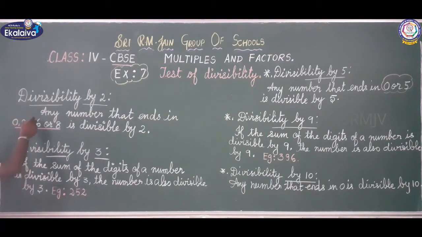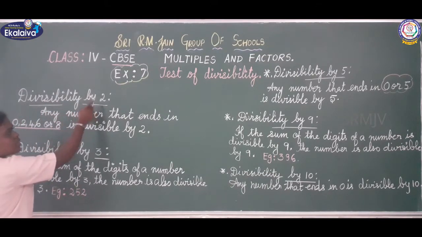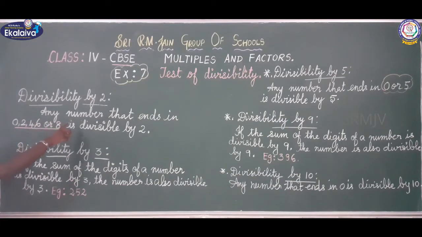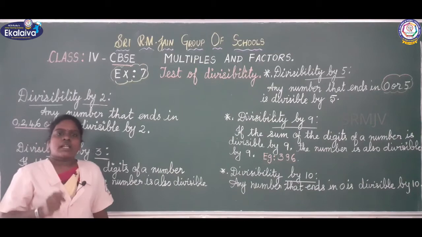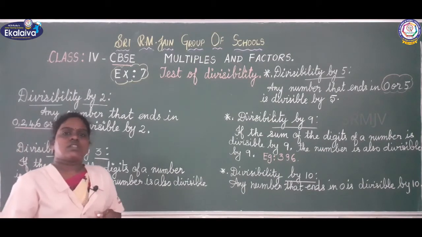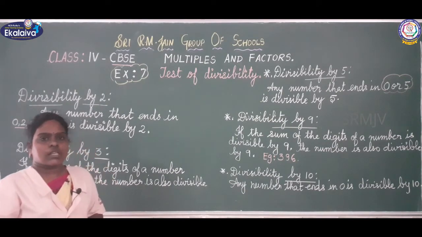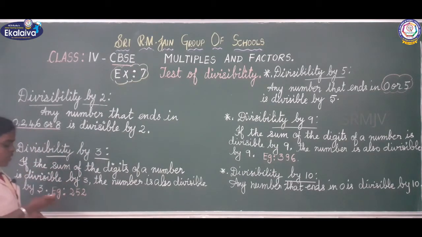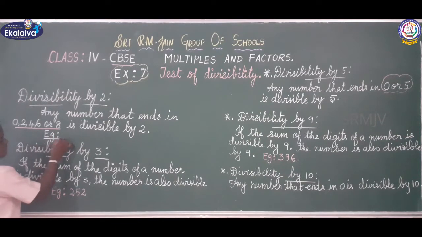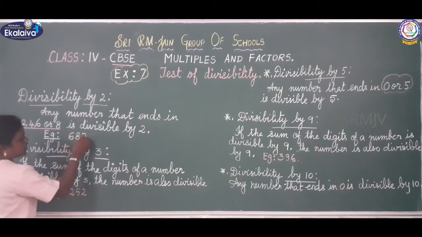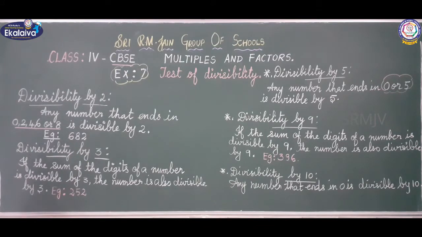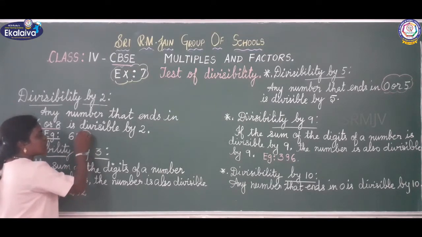First, we will learn the rule of divisibility by 2. Any number that ends in 0, 2, 4, 6 or 8 is divisible by 2. When a number is given, if it is divisible by 2, you have to check the ones place. For example, let us take a number 682. Now look at the ones place. We have the number 2.